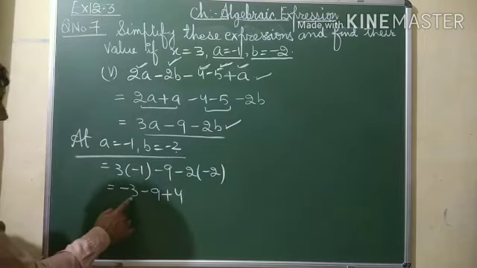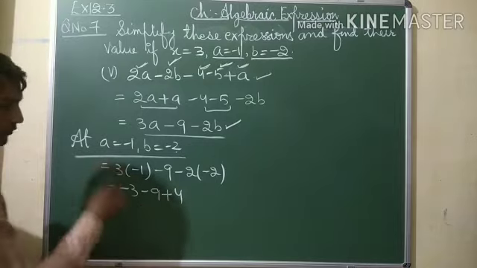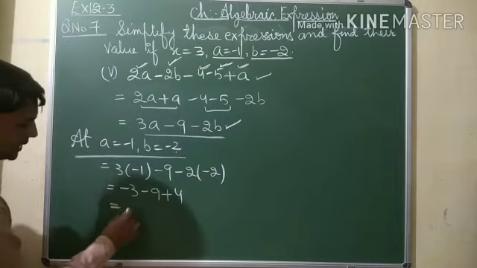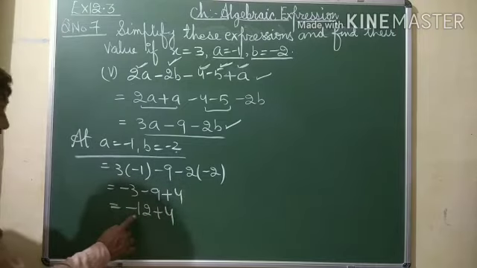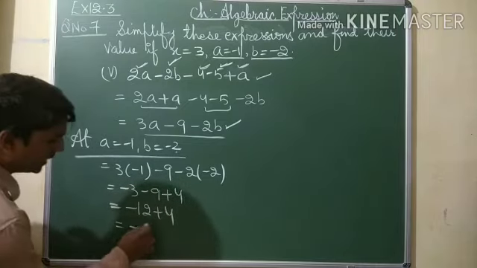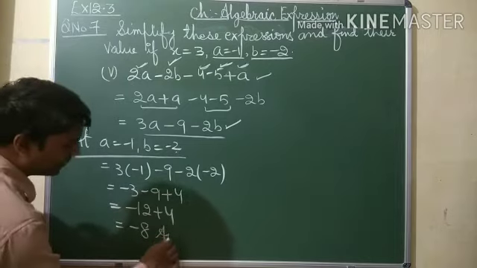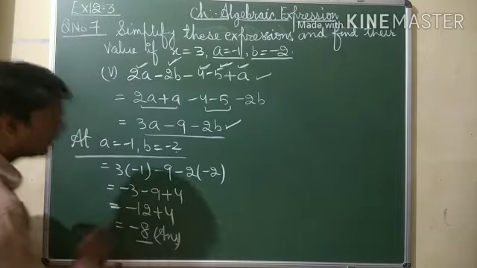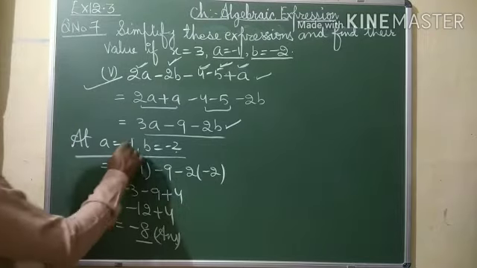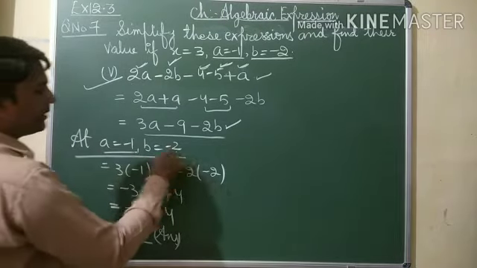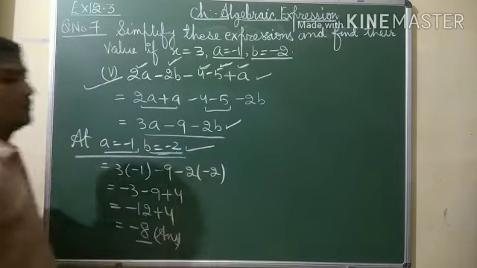So it becomes minus 3 minus 9 plus 4. Now minus 3 minus 9 is minus 12 and then plus 4. Now minus 12 plus 4 is minus 8. Therefore, minus 8 is the required value of the given algebraic expression at a is equal to minus 1 and b is equal to minus 2.